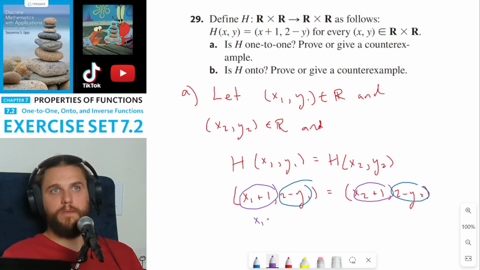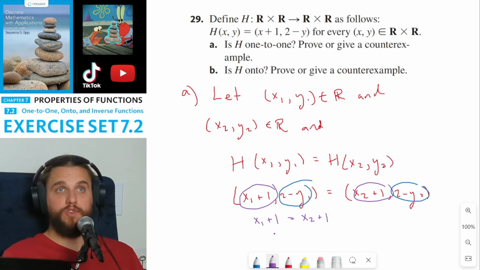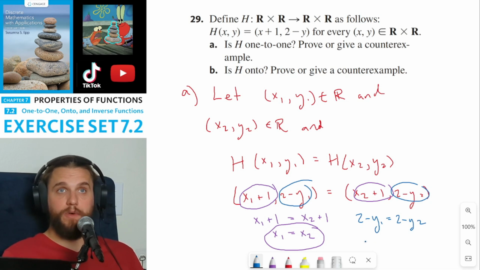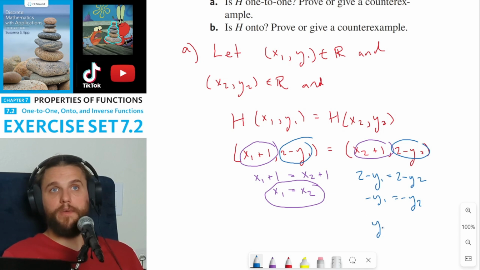So x1 plus 1 has to equal x2 plus 1, and if you subtract 1 on both sides, we get that x1 equals x2. In addition, 2 minus y1 equals 2 minus y2. We can subtract 2 on both sides to get negative y1 equals negative y2, and then multiply both sides by negative 1 to get y1 equals y2.